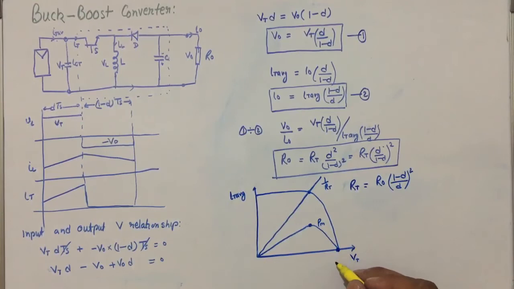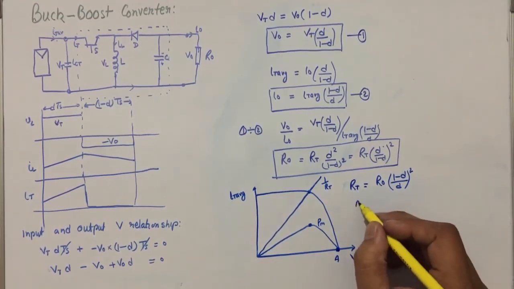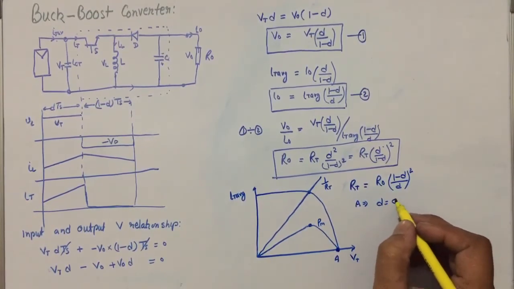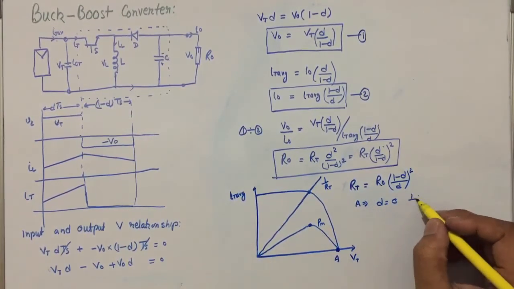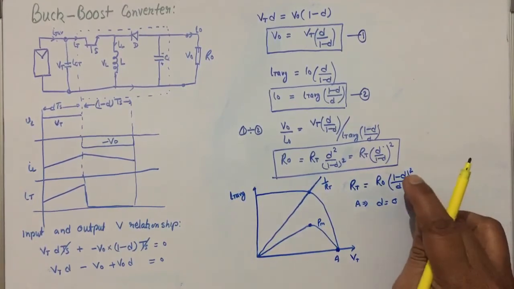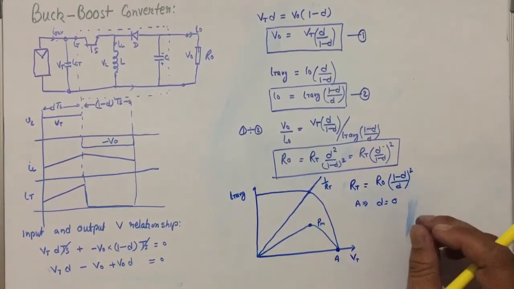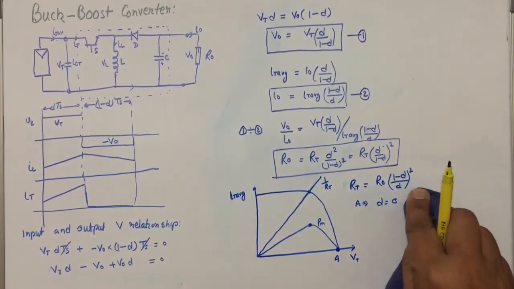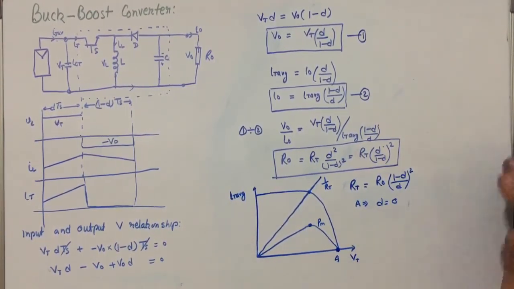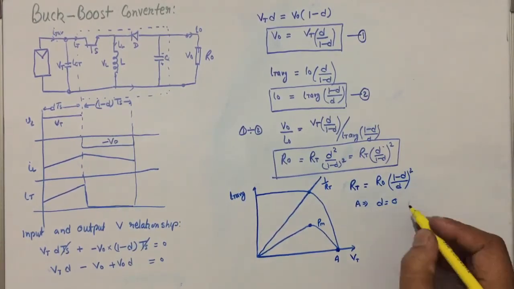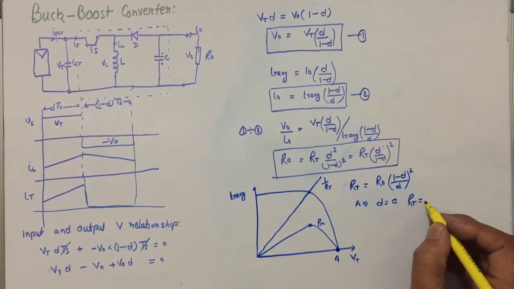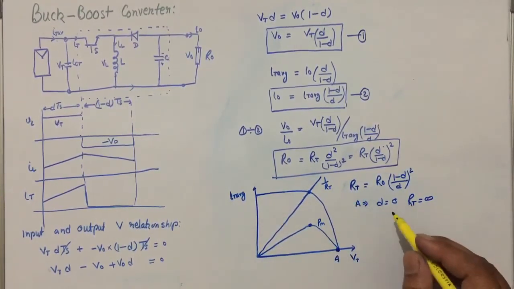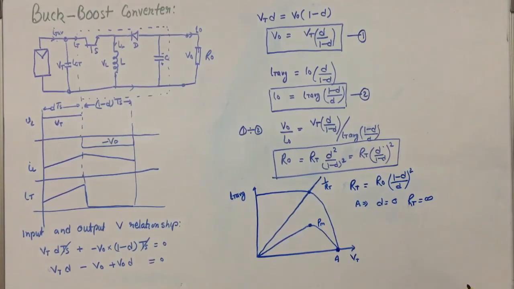So at this point A, D is equal to 0 and RT will be infinite, so the slope, 1 by RT, will be 0 and the line will be here.